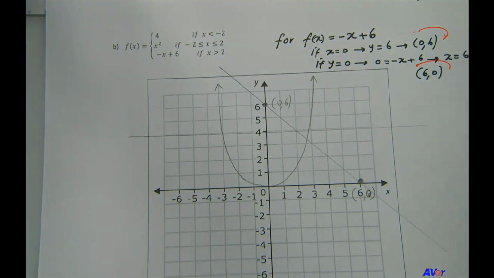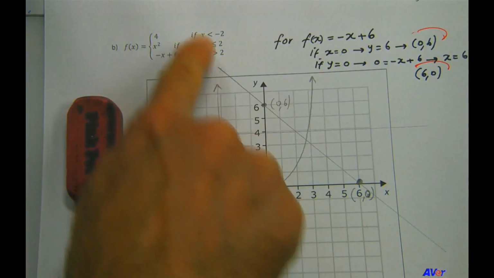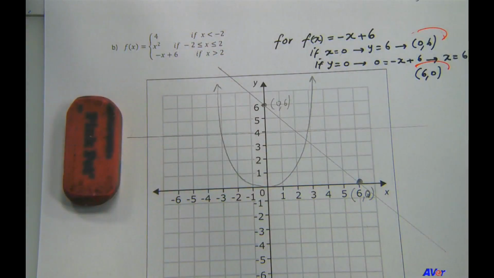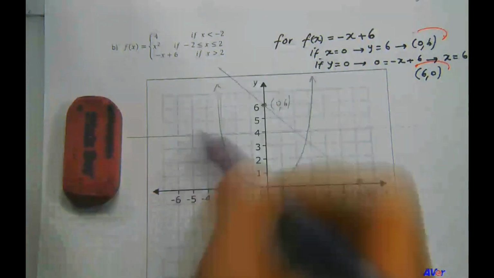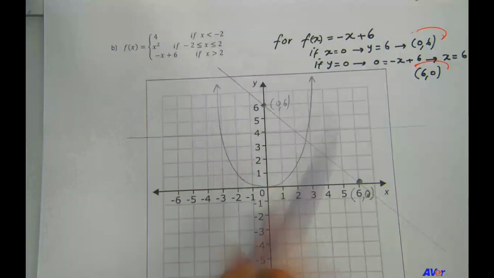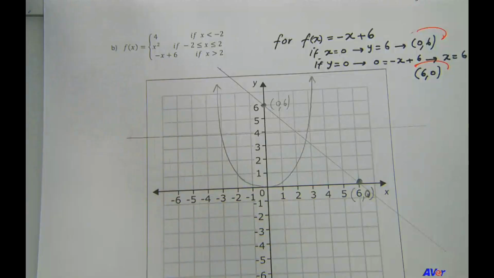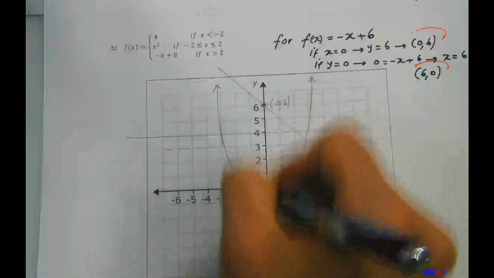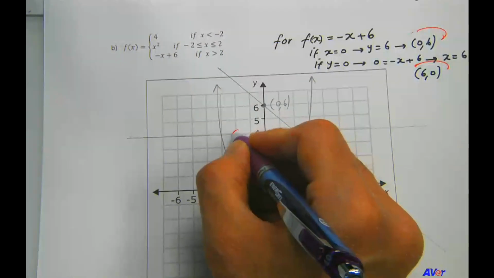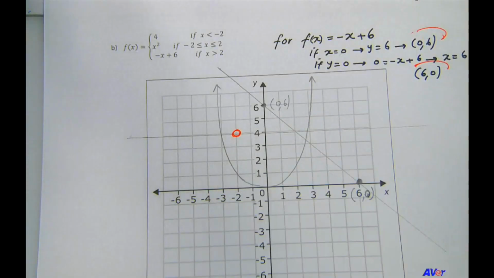Now, here comes my eraser, right? I need to go through and look at each condition and erase the piece that is not needed. Let's do that. So, f of x for any x value less than negative 2. Less than negative 2, the function value is 4. So that means less than negative 2, not equal to negative 2, right? So I'm going to put a hollow circle right above x equals negative 2.